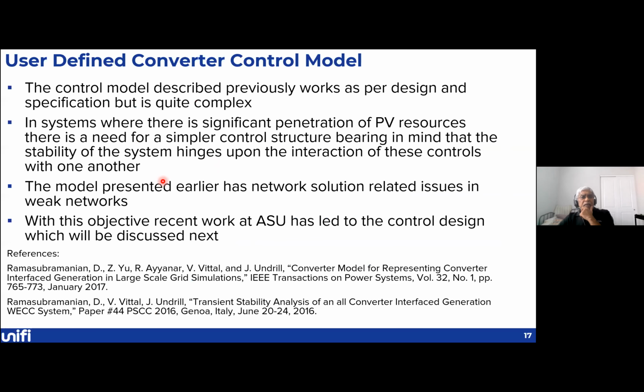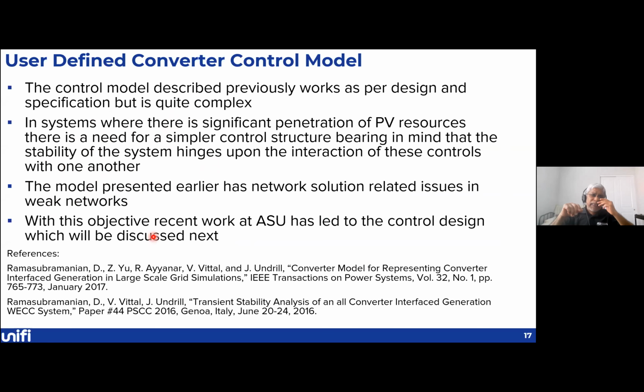So coming to how this work evolved, the control model that I described previously works very well as per design and specifications, but it is quite complex. You notice the fairly elaborate control block.